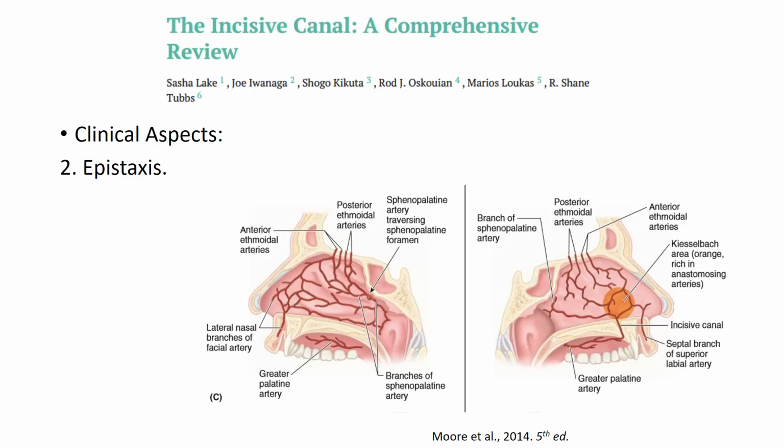And surgical interventions usually will access the posterior septal branches of the sphenopalatine artery or the maxillary artery. An endonasal cauterization of the sphenopalatine artery can happen, or it can be accessed by entering through the incisive canal. This has been demonstrated as an alternative to stop this anterior epistaxis.